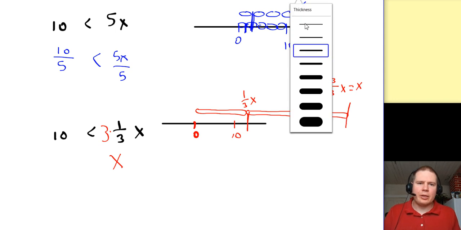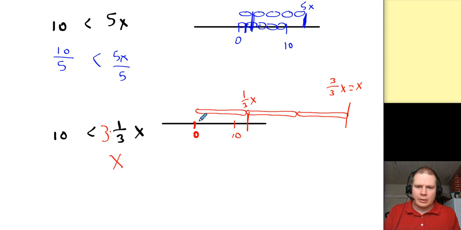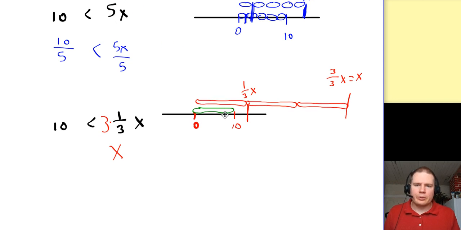Now if I look at 10, and I draw my length of 10, and I copy and paste that one. Alright, get my copies here, line that up. Notice 2 10s is less than 2/3 x's. 3 10s is even more less than 3/3 x's, right?